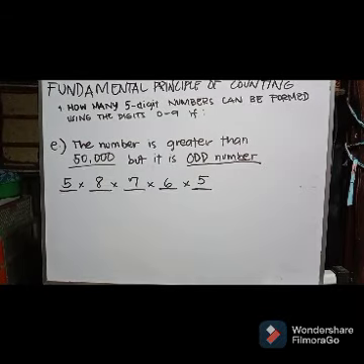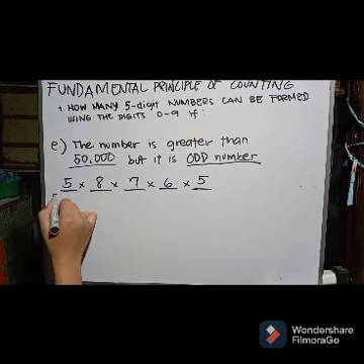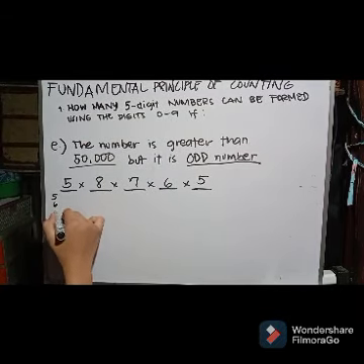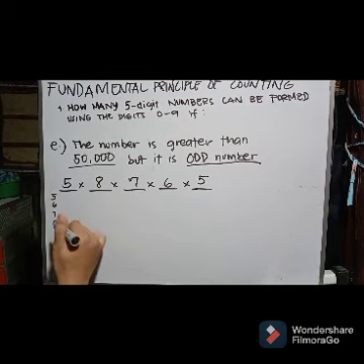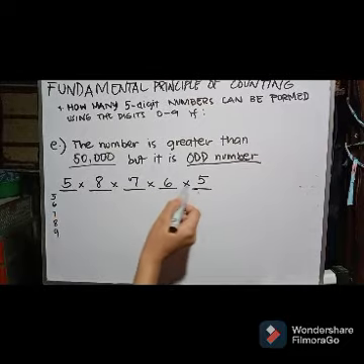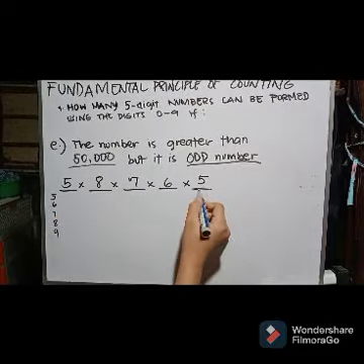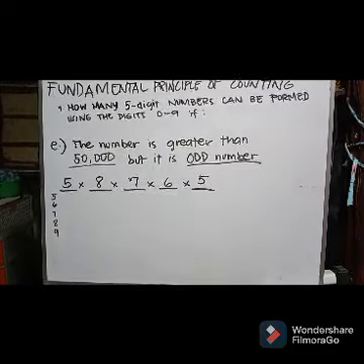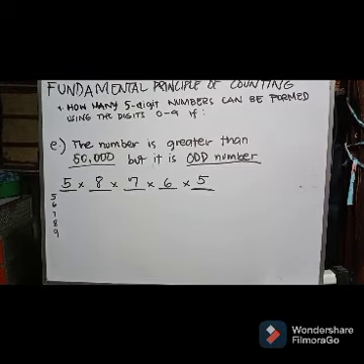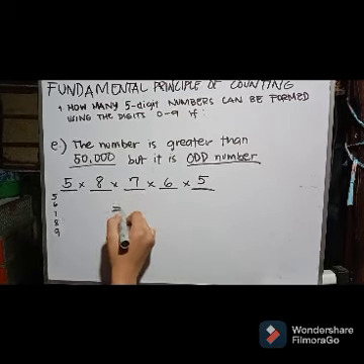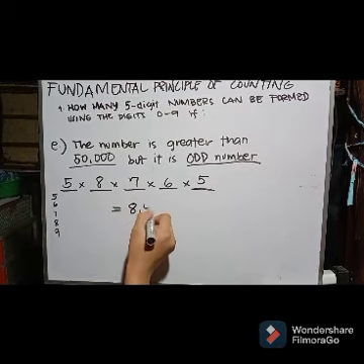So 5 times 8 times 7 times 6 times 5 is equal to 8,400.